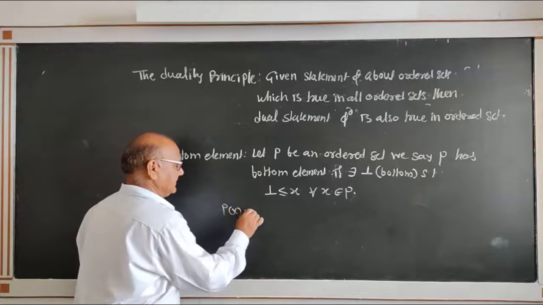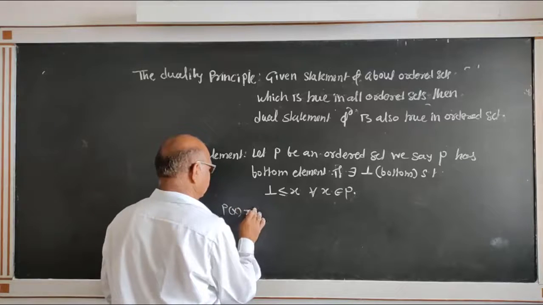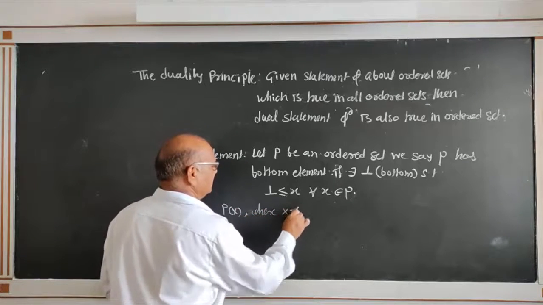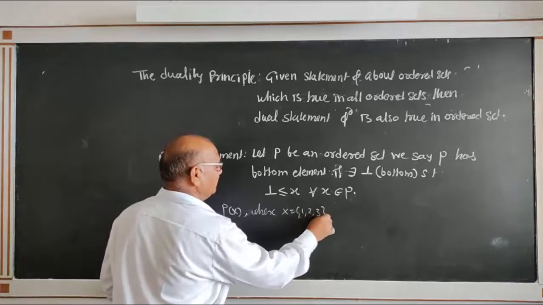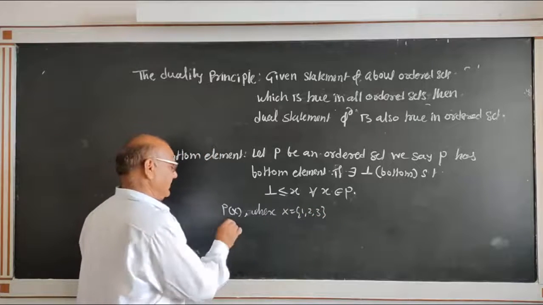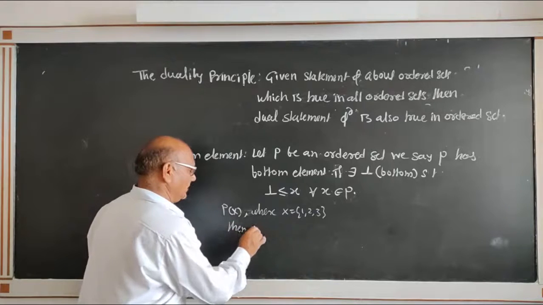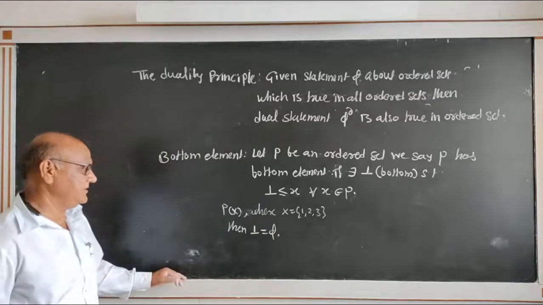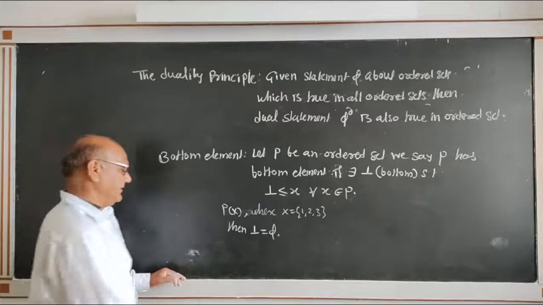Here, take P of X, where X is equal to 1, 2, 3 or A, B, C. Then bottom is equal to phi. Bottom is equal to phi.